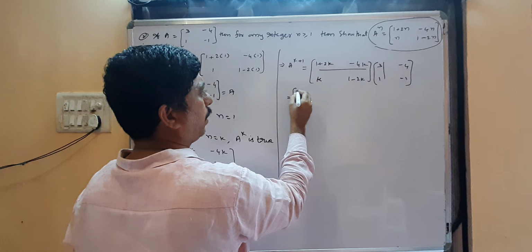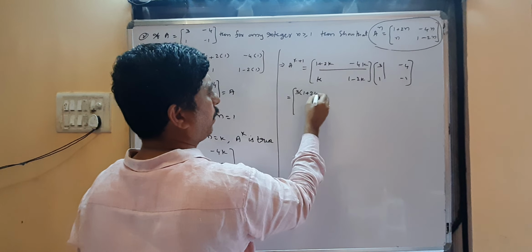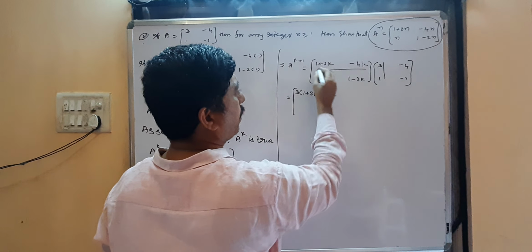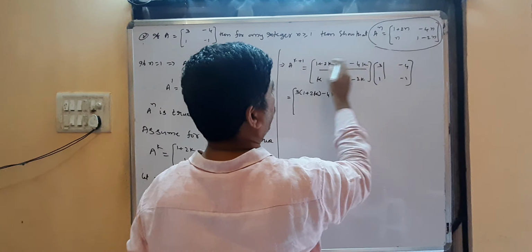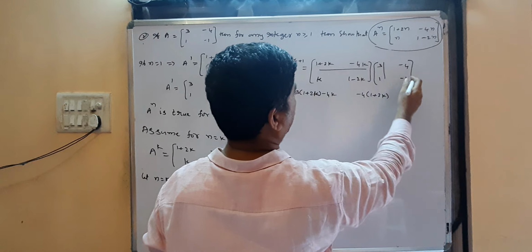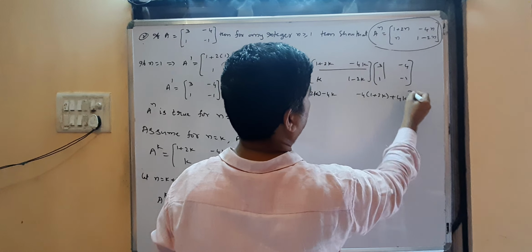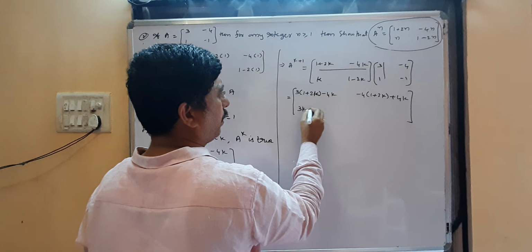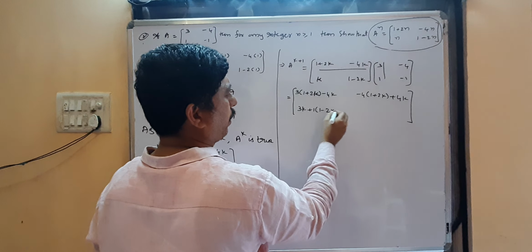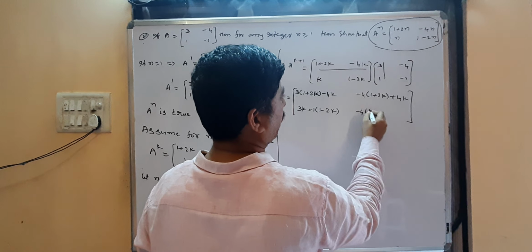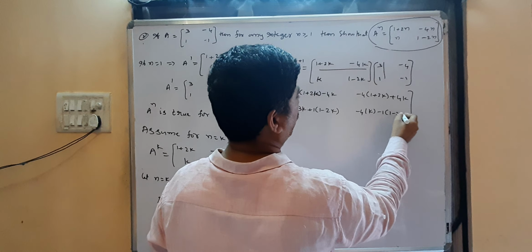We get 3 times 1 plus 2k plus k into minus 4k. First row into second column: minus 4 into 1 plus 2k, minus into minus plus 4k. Second row into first column: 3k plus 1 into 1 minus 2k. Second row into second column: minus 4 into k, minus 1 into 1 minus 2k.